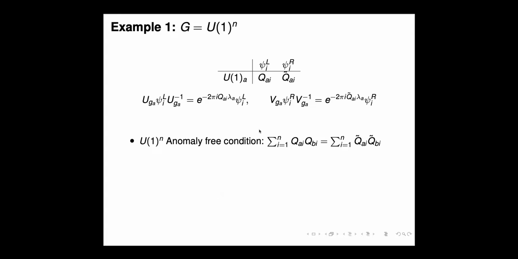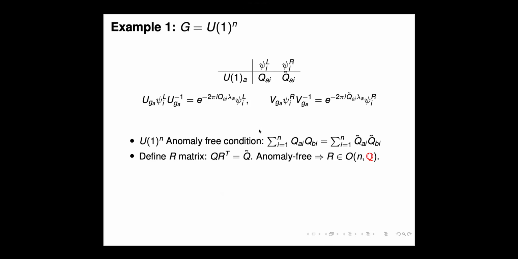Now, you want to demand that the boundary condition preserves this U(1), and that this U(1) to this power is anomaly free. Anomaly free condition means that the charges satisfy a quadratic condition, because the anomalies depend quadratically on the charges.